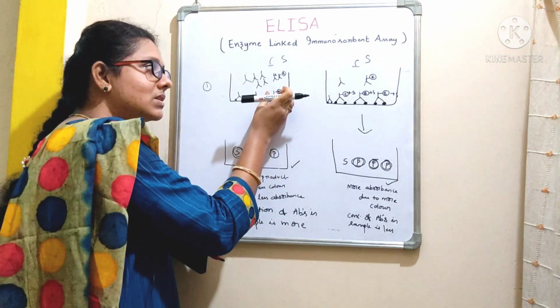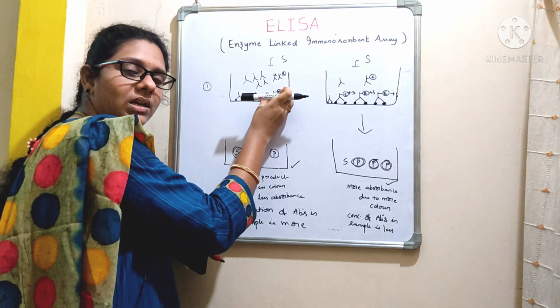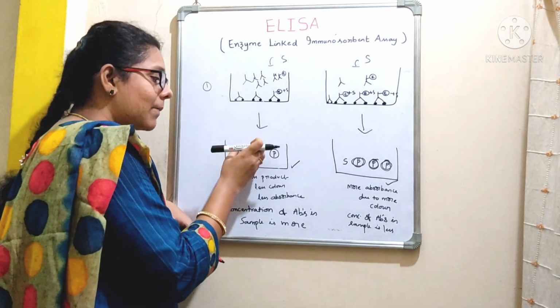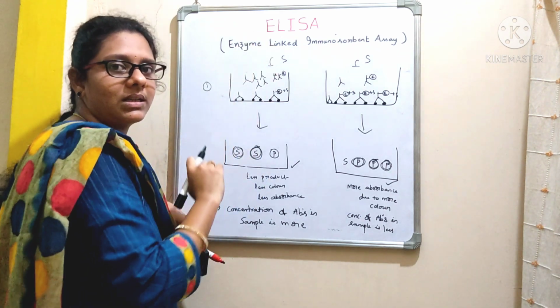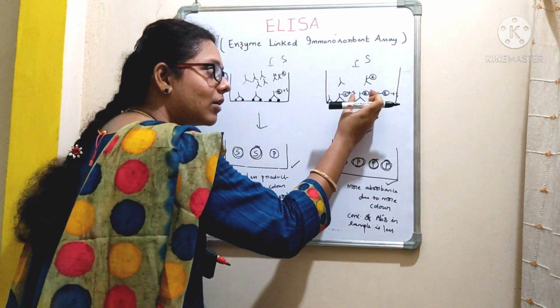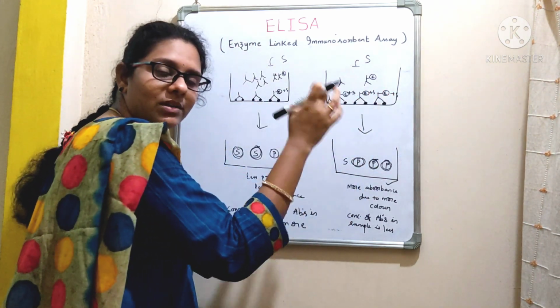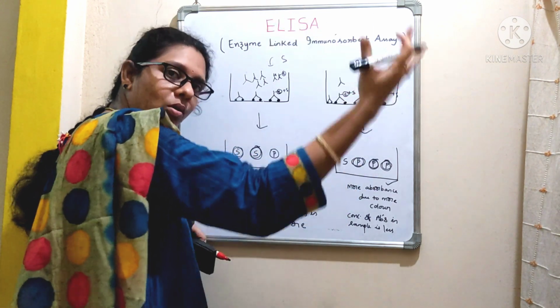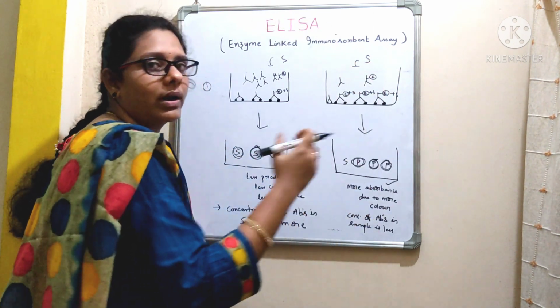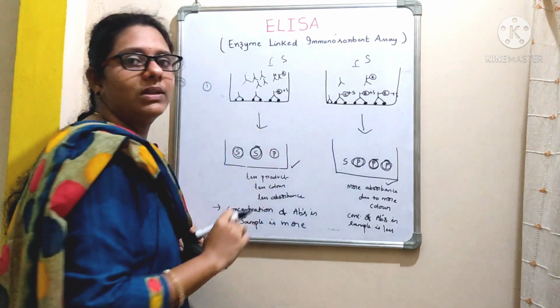Why? Because the concentration of the antibodies that are conjugated with the enzyme is less compared to the antibodies that are present in the sera, whereas here the concentration of the antibodies that are conjugated with the enzyme is more and we get more product, because these enzymes react with the substrate.